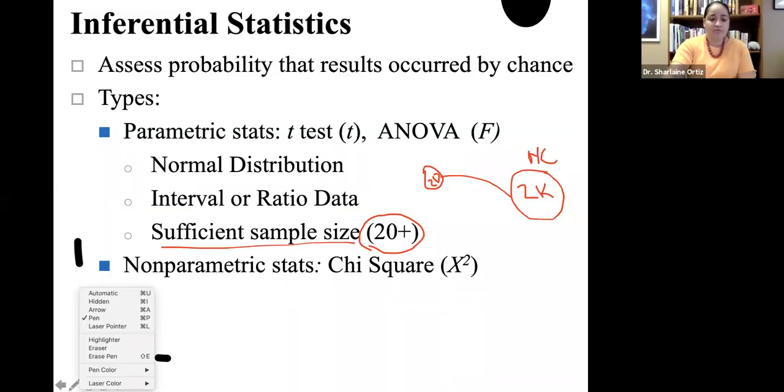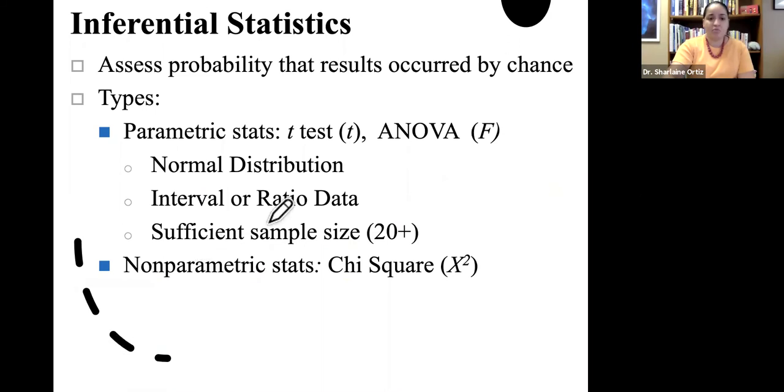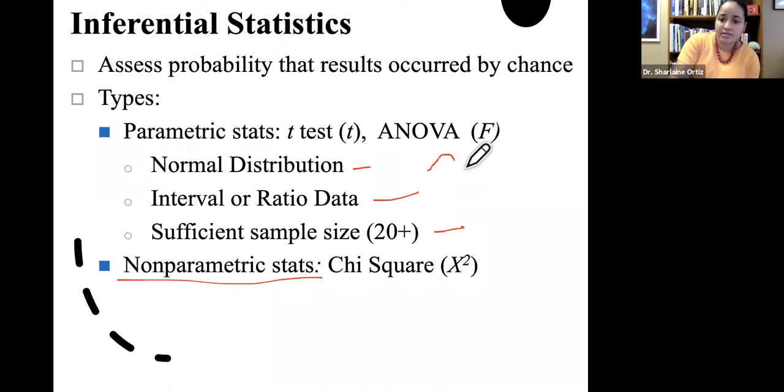Now, if for whatever reason, when we are collecting our data, we find that we do not meet one of these assumptions, so if we violate any of these assumptions, we must then move to non-parametric statistics. So for example, your bell didn't look like it was normally distributed.